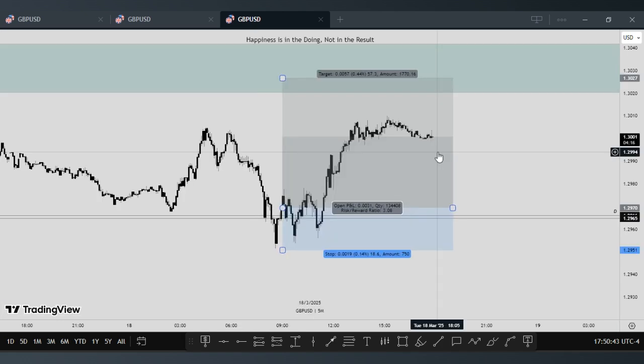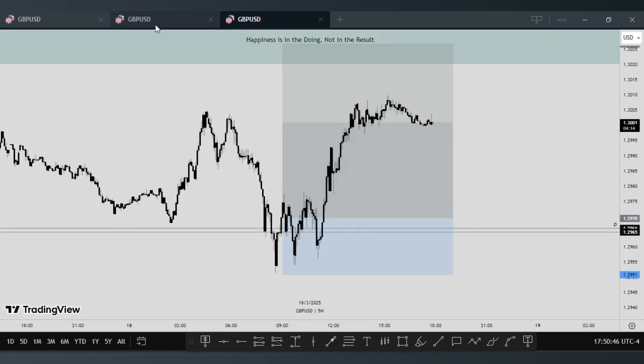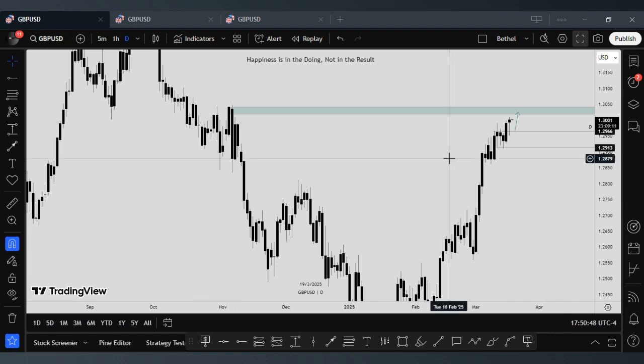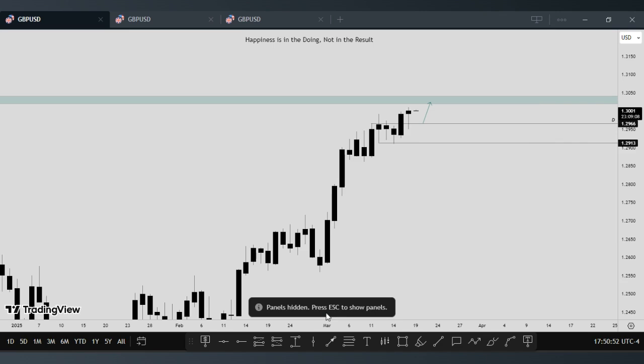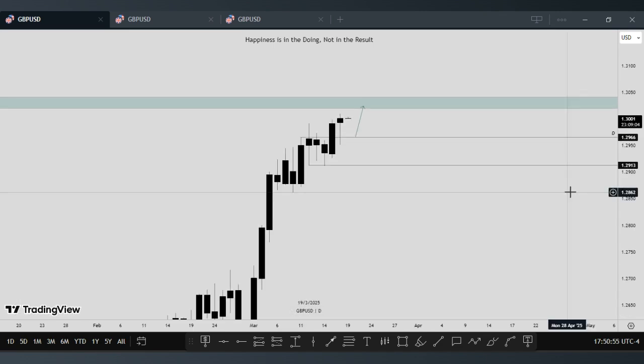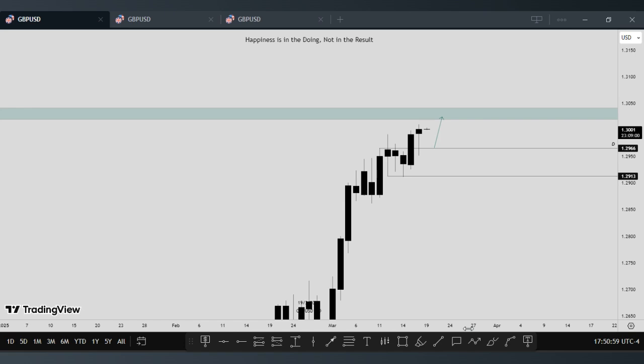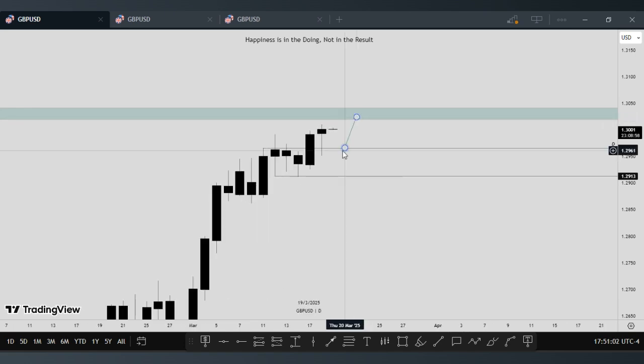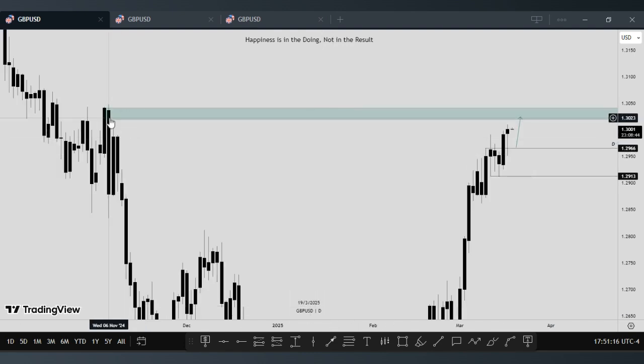So the first thing we're going to look at here is, let's run through all of our analysis from yesterday. From the video yesterday, if you were able to get any information out of that, I think you could. I was pointing out GBP USD buys into this level, and you can see it came through into our buy confirmation level nicely, and it's now pushing towards that resistance there.